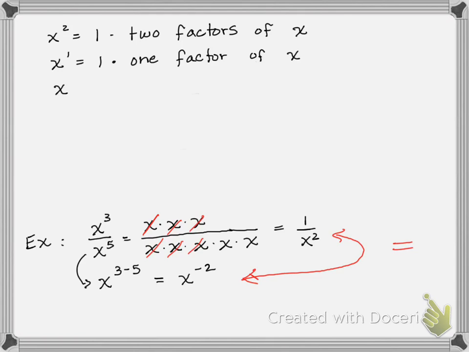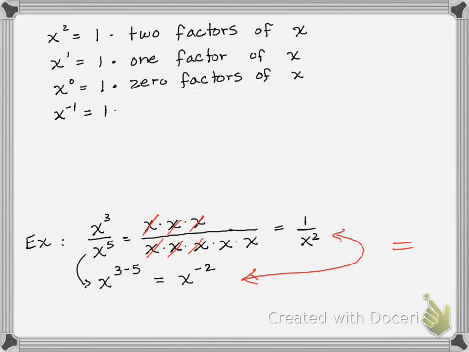X to the 0, we said, is 1 times 0 factors of x. So if we keep going, we have x to the negative 1, which should be 1 times negative 1 factors of x, which makes absolutely no sense, right? You can't count a negative number of things.